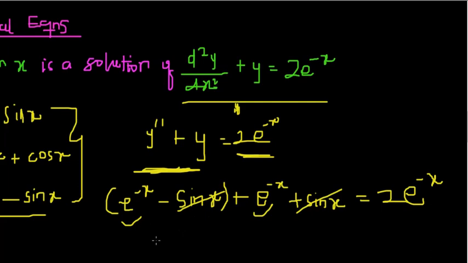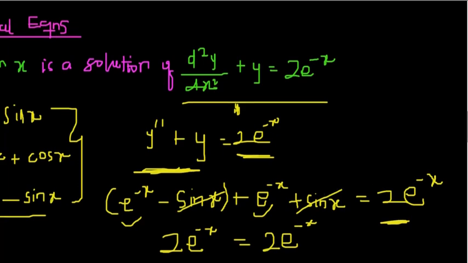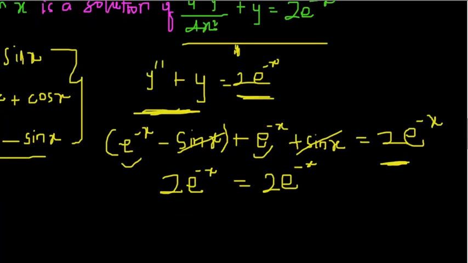This plus that will give us 2 e exponent minus x, and this is our right hand side. We can see that the right hand side and the left hand side are equal. This is how you prove a solution of a differential equation.